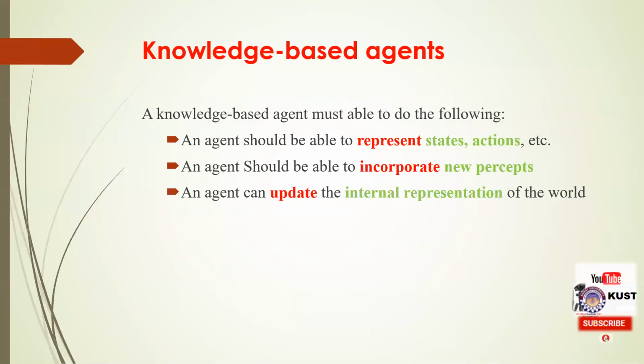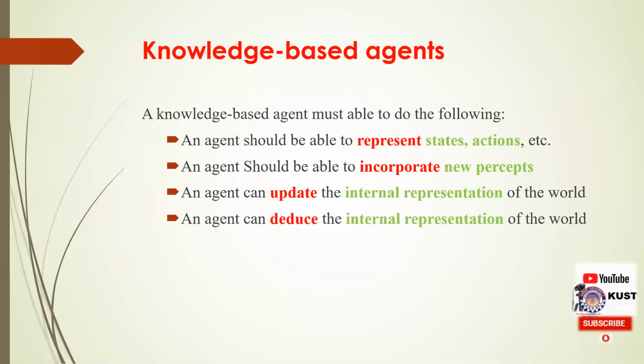An agent can update the internal representation of the world with new information as it's received from the world. Whenever the system receives new information, it must update the internal representation of the world.